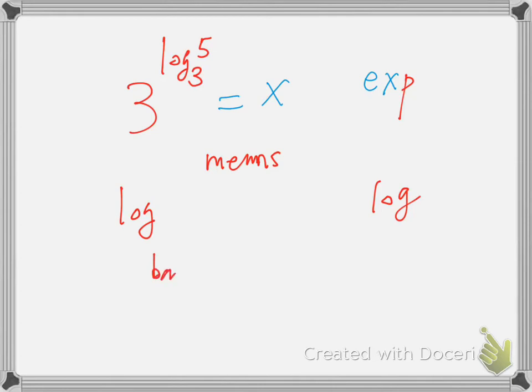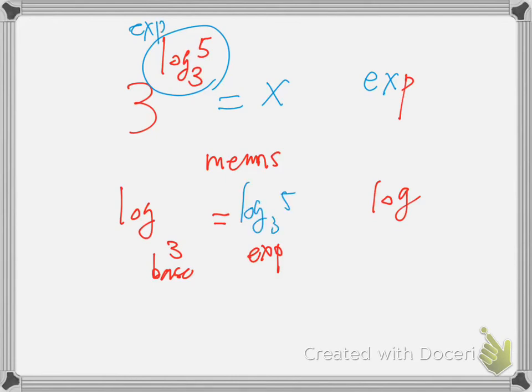So here is base 3, so what's the exponent for this exponential form? This whole log is the exponent. So we got log 3 of 5 here. And then power x is inside. So now we have equal sign between two log forms. They have the same base, so same power. So x is 5. Okay, so the last one we change exponential form to log form.